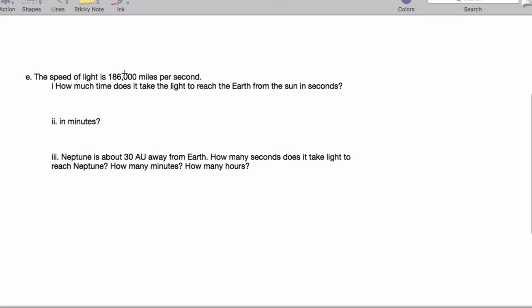a beam of light to reach Earth from the sun? So we're going to take 93 million miles, which is an astronomical unit, and we're going to divide that by 186,000. I'm doing this rather quickly. Let me just be clear. Distance is rate times time. We're trying to get the time.